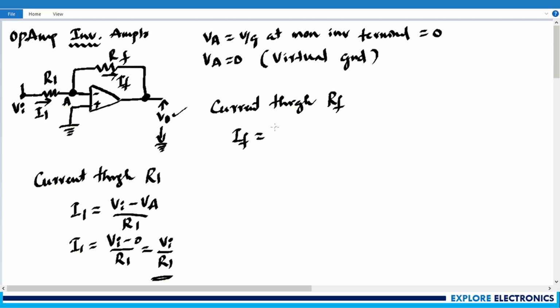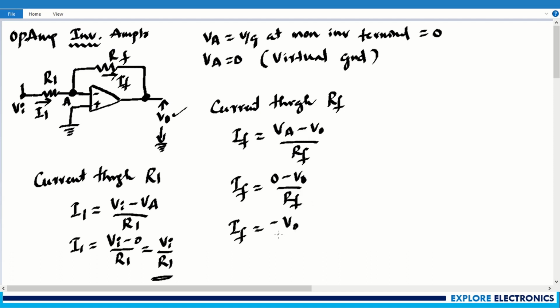So IF is equal to VA minus V0 divided by RF. Again here VA will be 0 because of virtual ground. So IF is equal to 0 minus V0 divided by RF. That we can write as IF is equal to minus V0 divided by RF. This is one expression for I1. This is the second expression for IF.